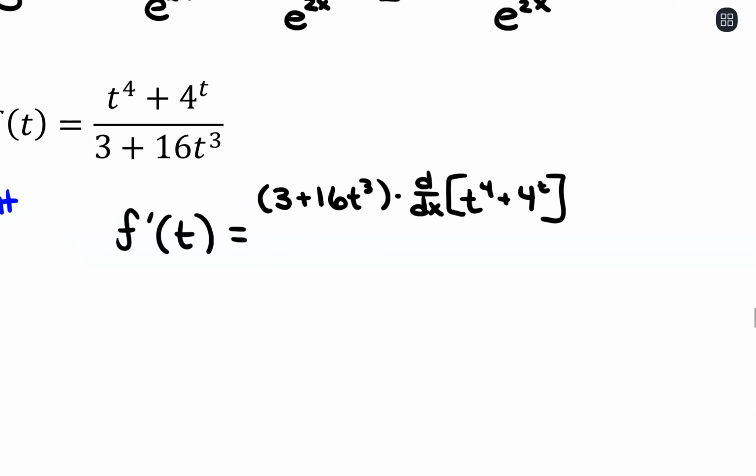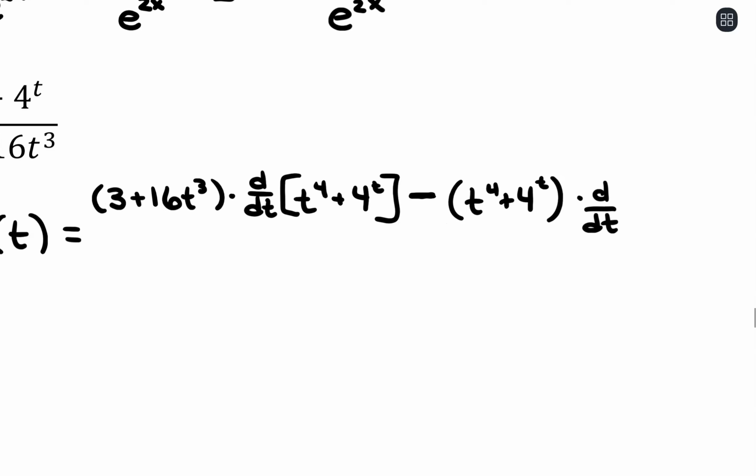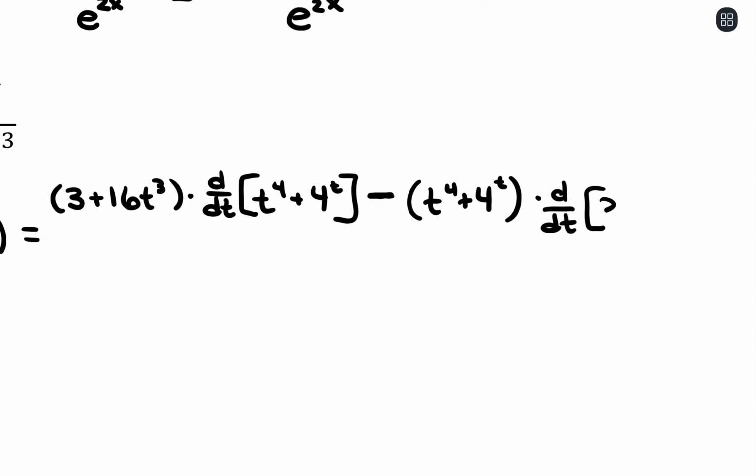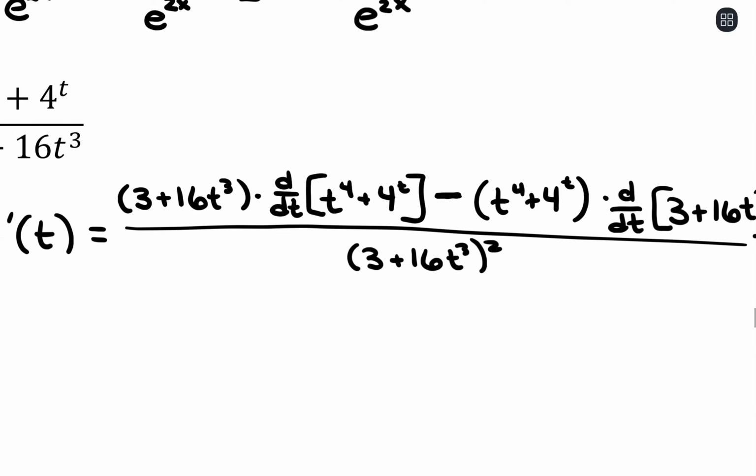And then we're going to subtract high d low, so t to the 4th plus 4 to the t, times the derivative, I wrote d/dx, but it would actually be d/dt, it's just a notation thing, of 3 plus 16t cubed, all over low. So we're taking 3 plus 16t cubed and squaring it.